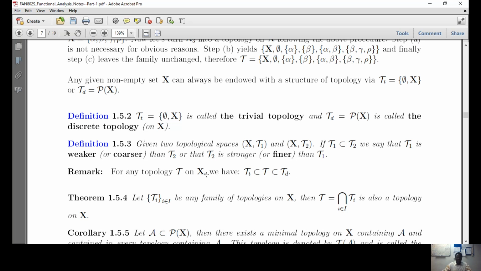So for any topology T on X, the trivial topology will be contained, because we know that every topology will always contain the empty set and X. Meaning that it will contain the trivial topology, and they will all be contained in the discrete topology. Because when we define a topology, which is a family of subsets of the underlying set X, it is a subset of P(X).